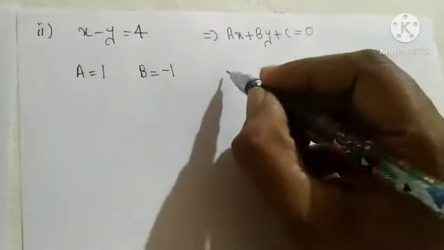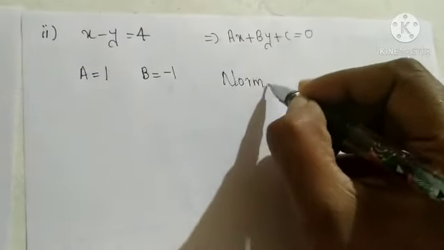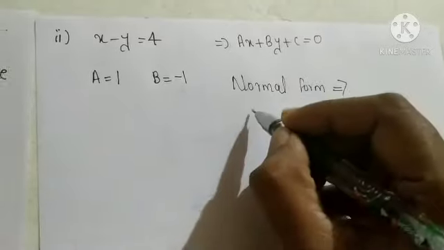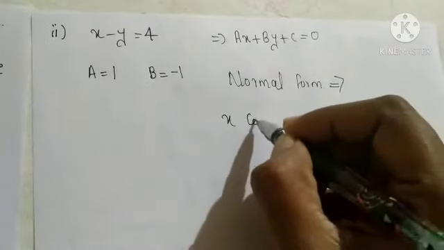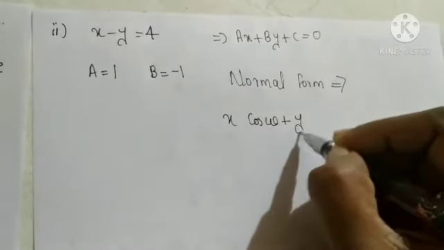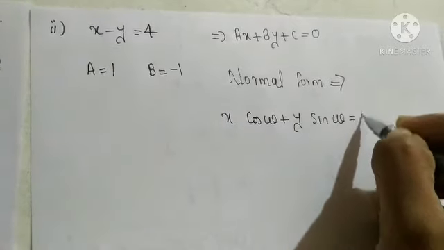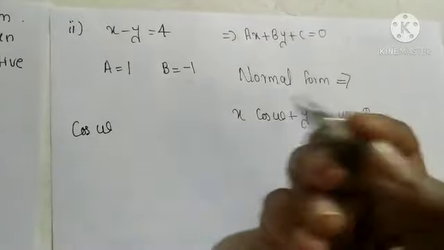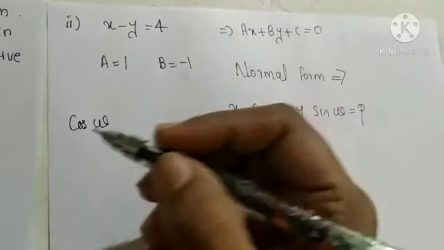So here we need to convert this equation of a line into the normal form of the equation of a line, and the normal form is x cos omega plus y sin omega equal to p. So for that I am going to find cos omega.